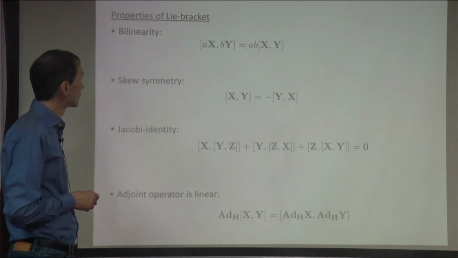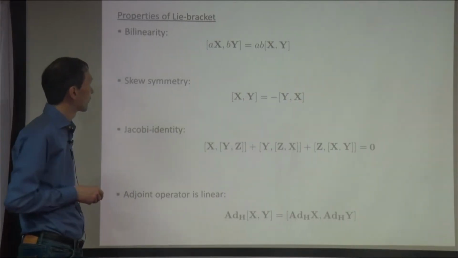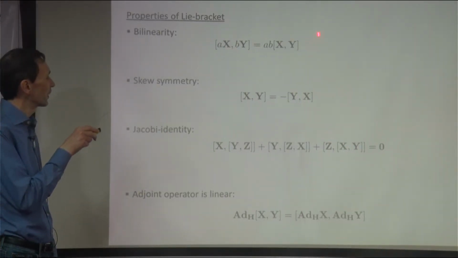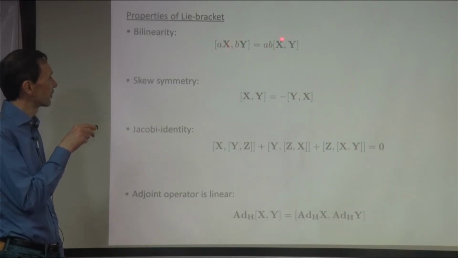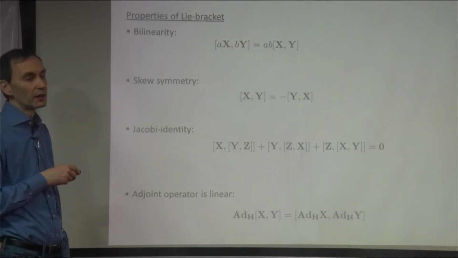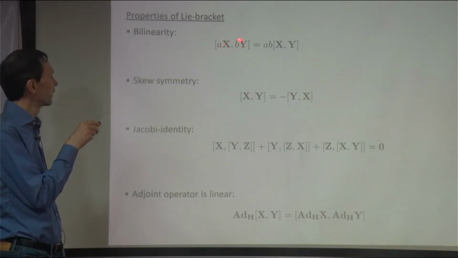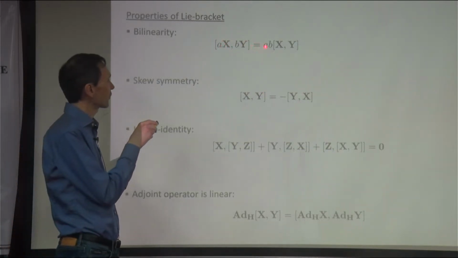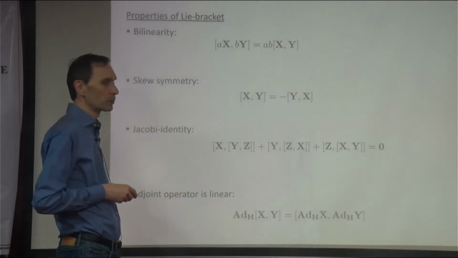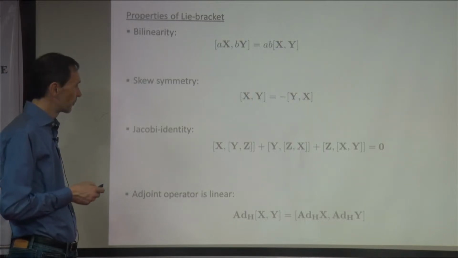Okay, there are more properties actually of this. There is, for example, the skew-symmetry we already had. Then it's bilinear, in the sense that if you take the Lie bracket of two screws X and Y, the Lie bracket of the screw X multiplied with A and the screw Y multiplied with B is equal to the screw bracket, the Lie bracket, that means the screw product of X and Y multiplied with A and B. And that's obvious from just the definition, right?